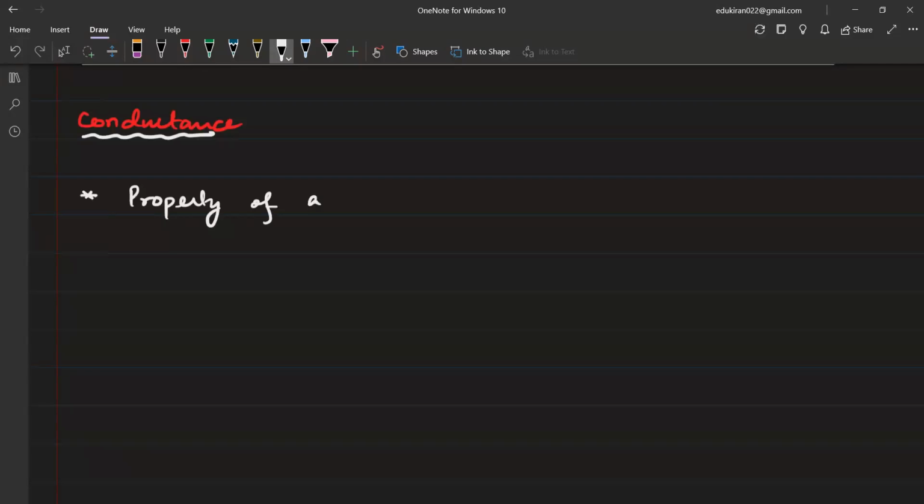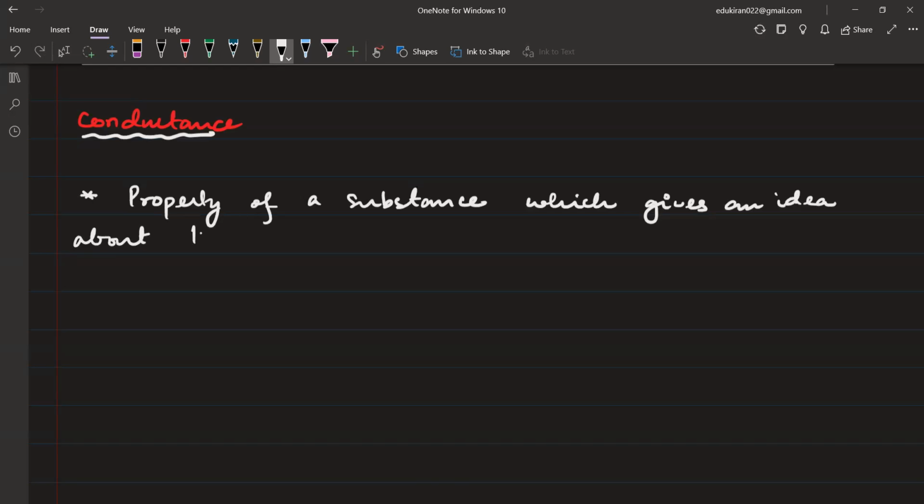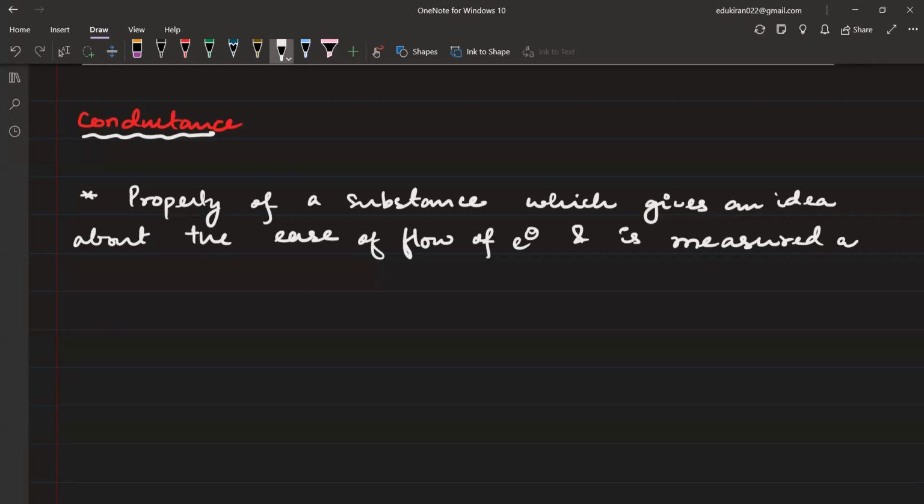Property of a substance which gives an idea about the ease of flow of electrons, and is measured as the reciprocal of resistance.